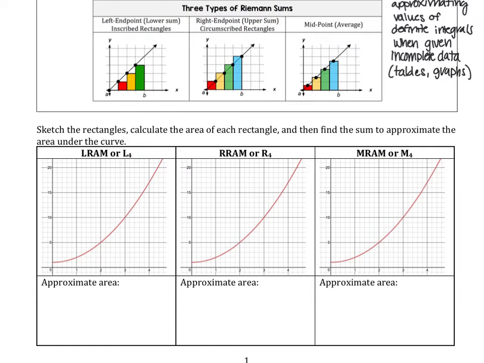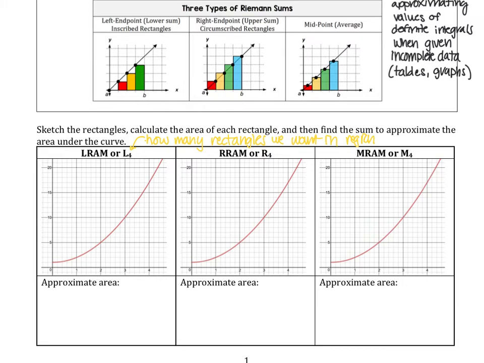And when you see this little subscript right here, this subscript tells us how many rectangles we want in our region. So when we see L4, it means that we want 4 rectangles.